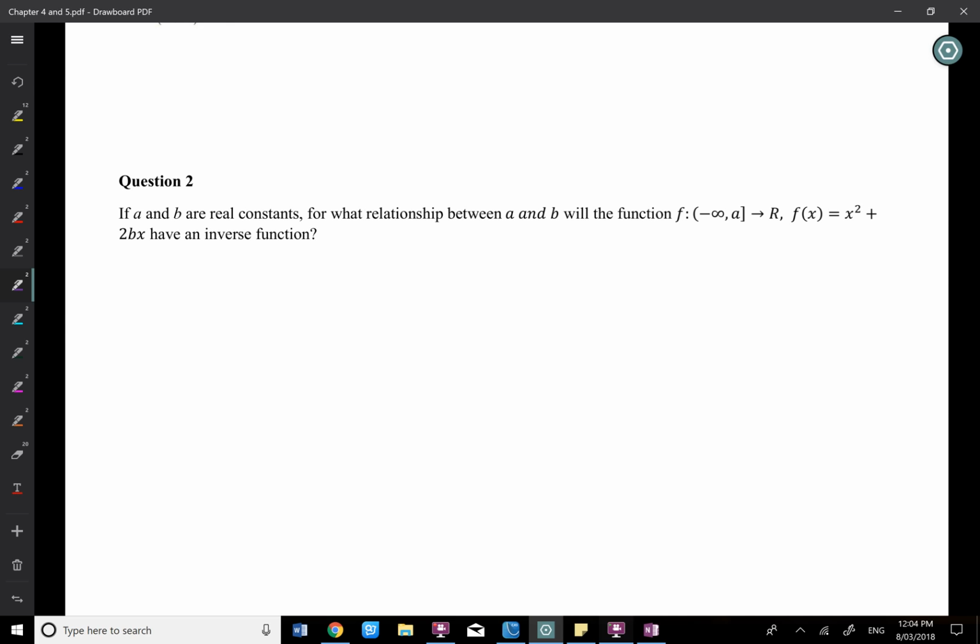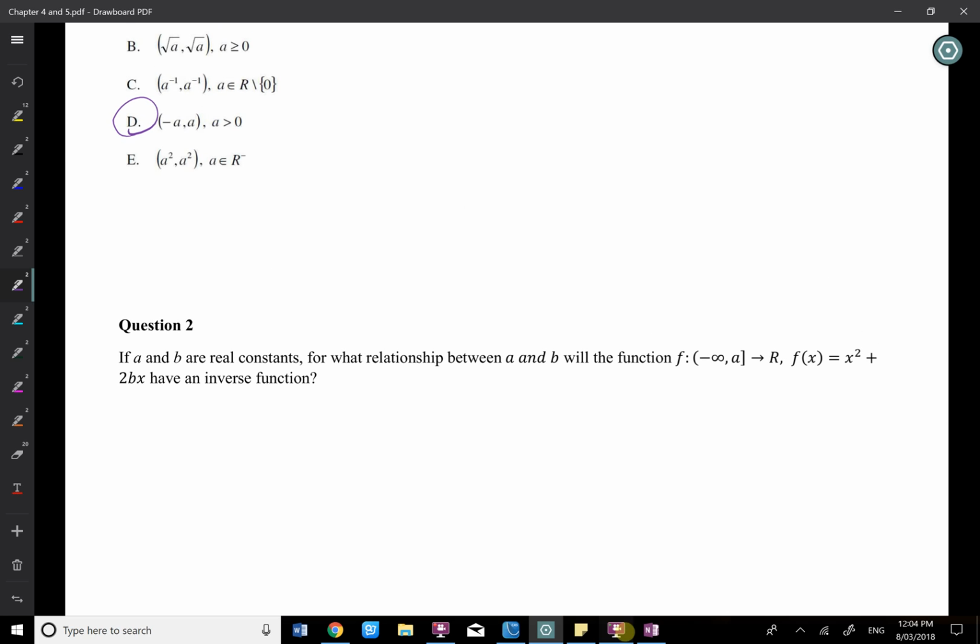As I said, if you want the inverse, that's a quadratic, right? x squared plus 2bx, that's the quadratic. If you want to have an inverse, it first needs to be a one-to-one function, right? How about a quadratic, what's the largest possible domain for a quadratic to have the inverse?